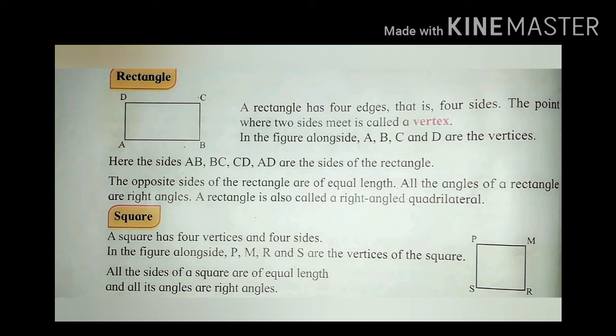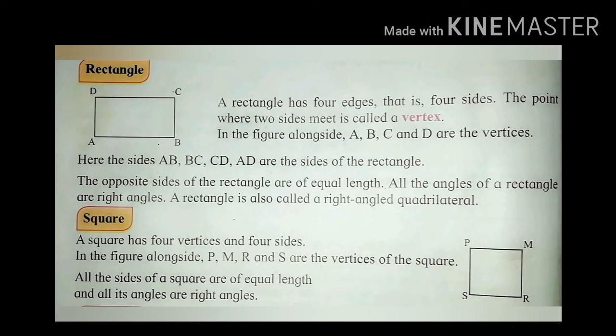In the figure alongside, A, B, C, D are vertices. Here the sides: one side is called AB, second side BC, third side CD, fourth side AD are the sides of the rectangle. The opposite sides of a rectangle are of equal length.